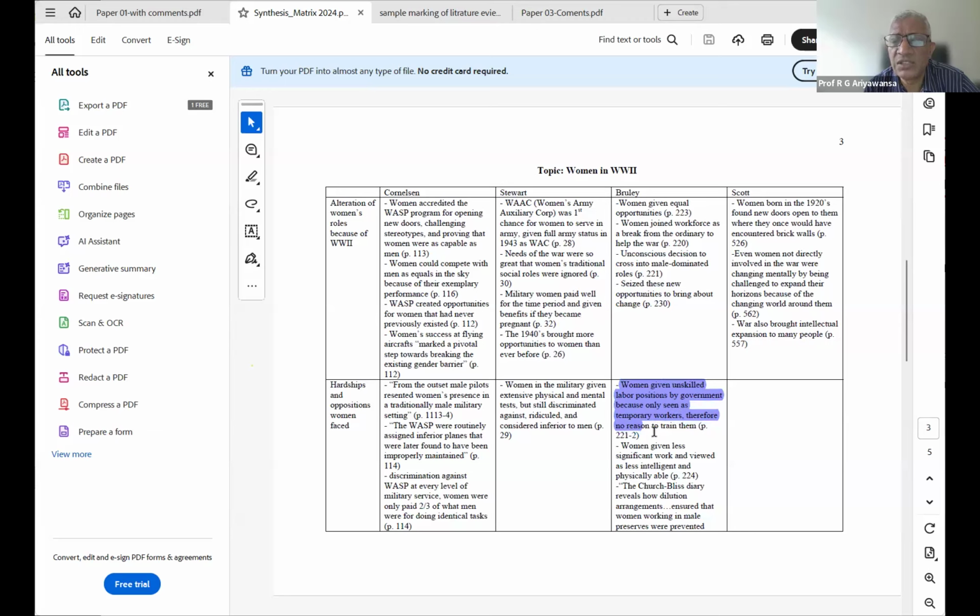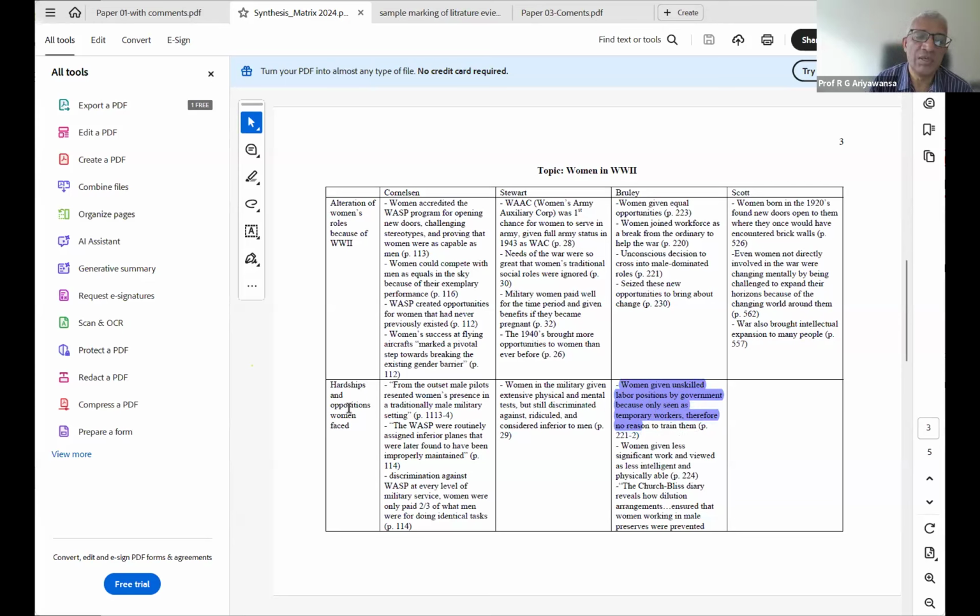Therefore, there was no reason to train them. So this researcher, Burley, has stated that the government of that country or area did not see women as having responsibility, as they were temporary workers, so they should not be trained. Therefore, it is a challenge for them.